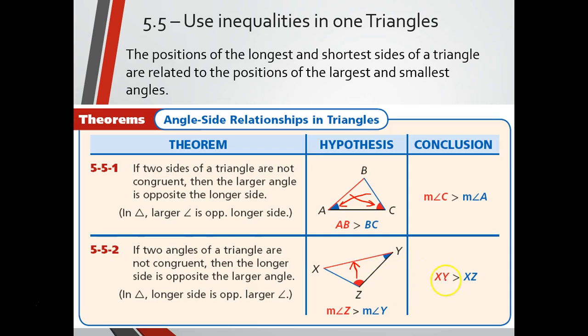So in this conclusion right here, if angle Z is bigger than angle Y, then side XY is larger or longer than XZ. Okay, so let's look at some exercises.